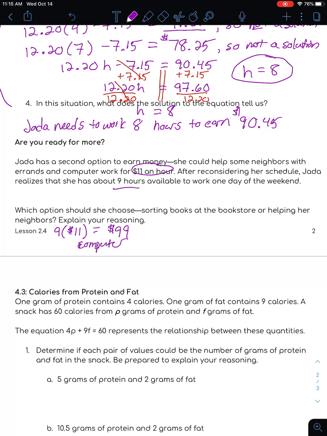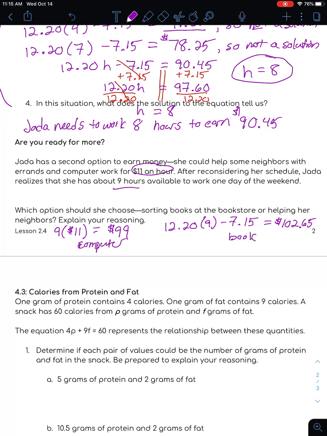And the other one would be, if we just take the equation as it is, so 12.20, that's the one we were working with, times 9 hours minus her bus fare. So if we do that calculation, that turns out to be $102.65. So this is the book one.